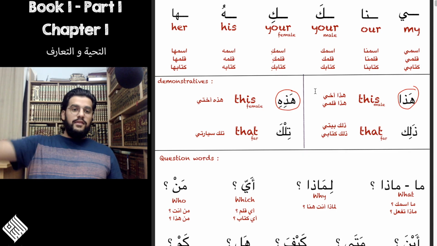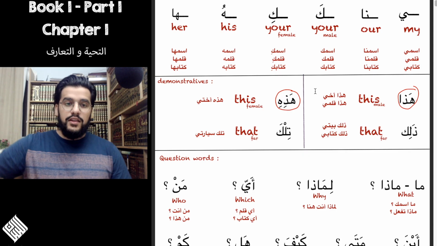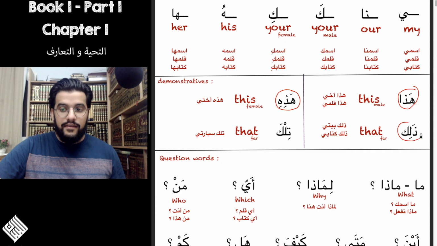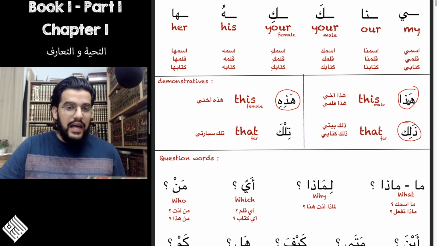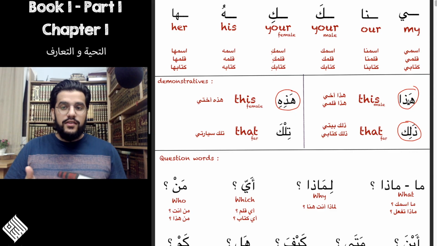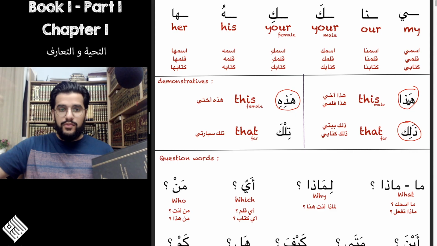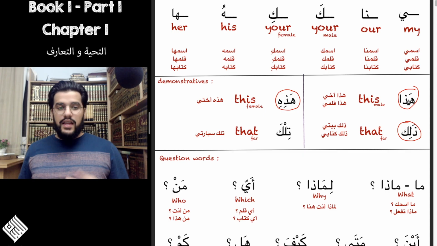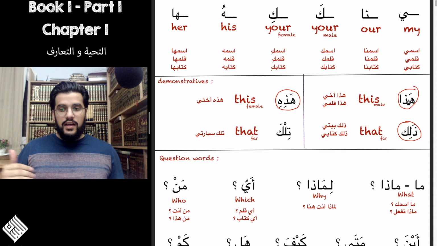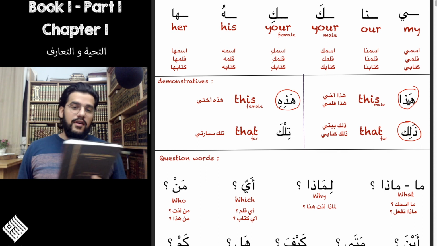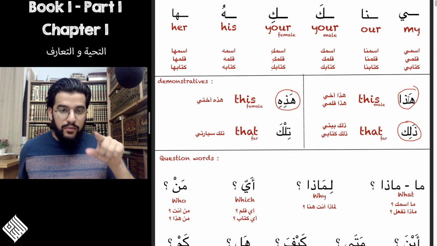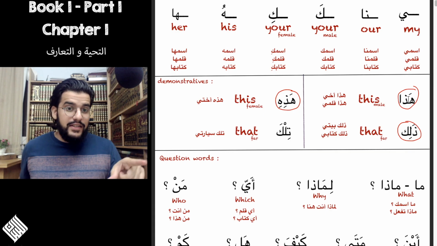But if it was something far, then in the Arabic language we use the word ذلك. So هذا and ذلك, both of them are words that we use to refer to things or point at things, and both are for male. However, هذا is for closer objects and ذلك is for further objects. And the same idea with هذه. هذه is also used to refer or point at something that's closer, but if it's a female.